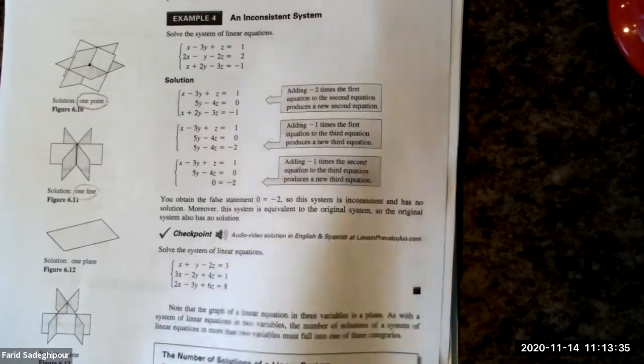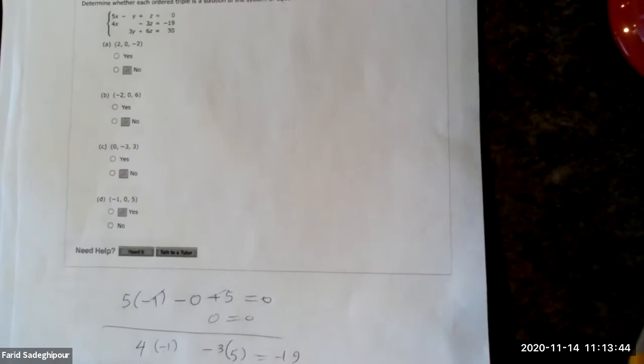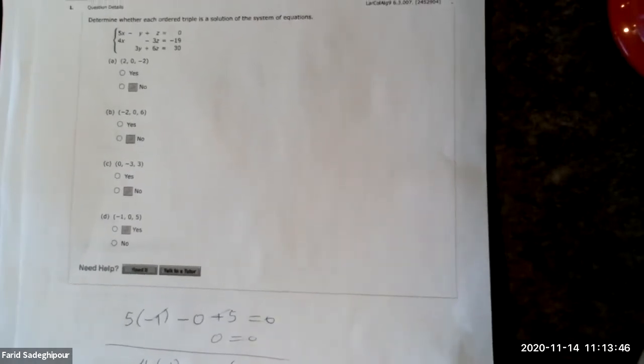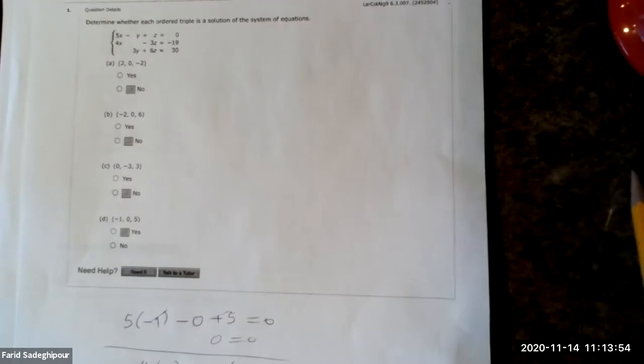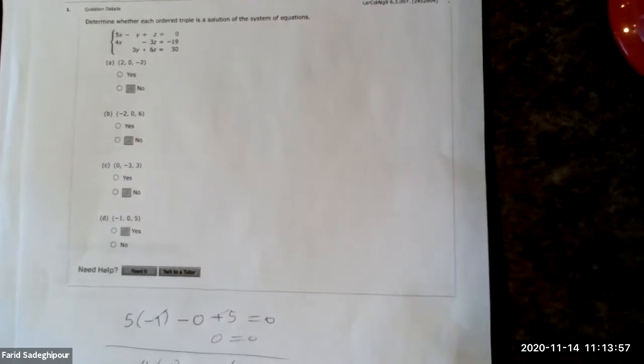It's very similar to that. So if we go back to here, they just ask you to verify whether each point is a solution. Anytime you want to verify, you want to make sure that the point given in the problem satisfies all three equations. So that's what I did here.